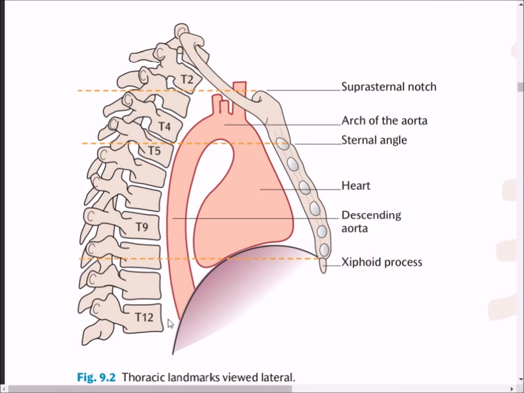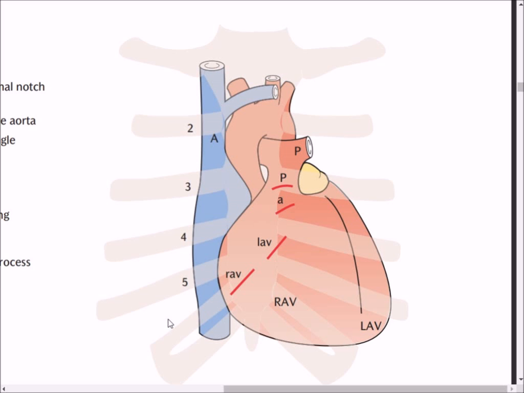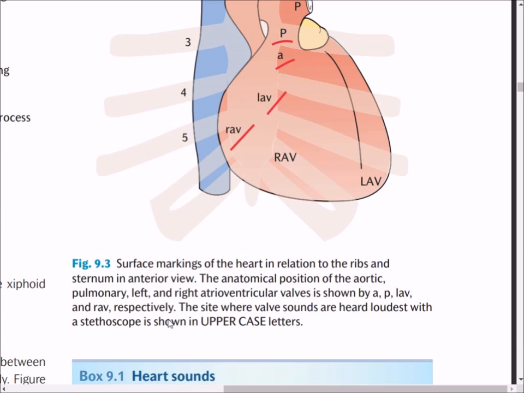Suprasternal notch, arch of the aorta, sternal angle, heart, descending aorta, xiphoid process, LAV, RAV. Surface markings of the heart in relation to the ribs and sternum in anterior view.